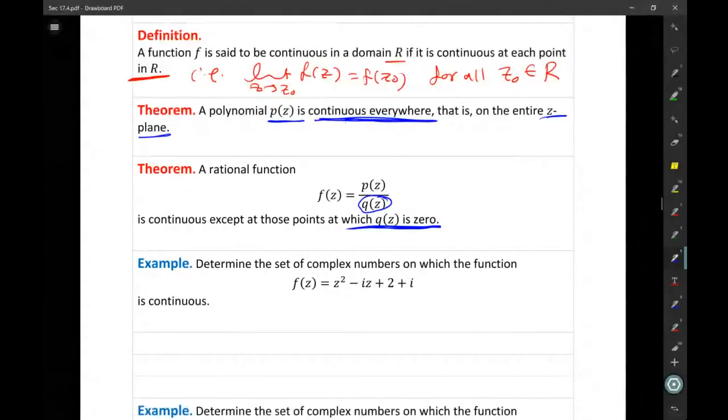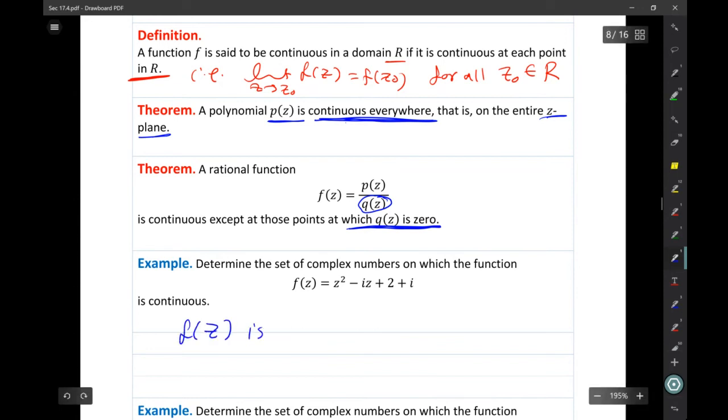Let's see now. Determine the set of complex numbers in which the function f of z is continuous. This function here is a polynomial. Right? f of z is a polynomial.